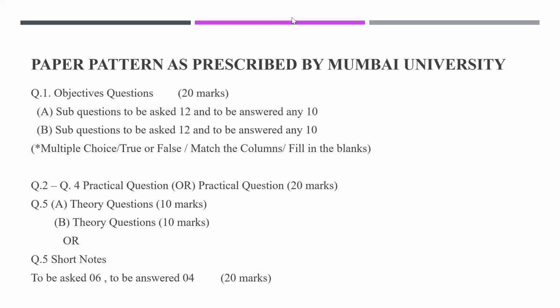As I told you, objective questions may consist of multiple choice, true or false, match the columns, or fill in the blanks. Now question number 2 to question number 4, that is 2, 3 and 4, are 20 marks each. 20 into 3 questions will be 60 marks, and this 60 marks will be from practical chapters, and you have all the 4 chapters as practical chapters.